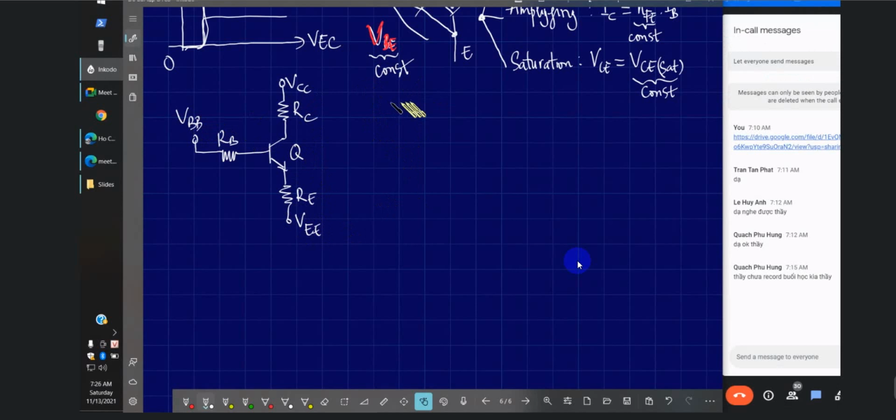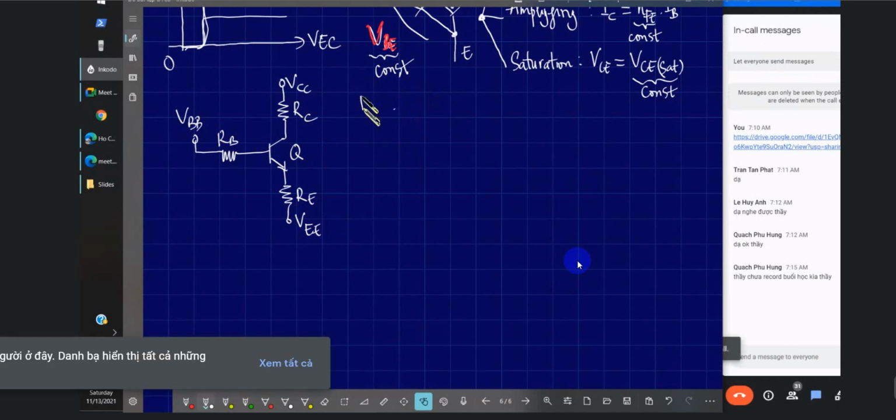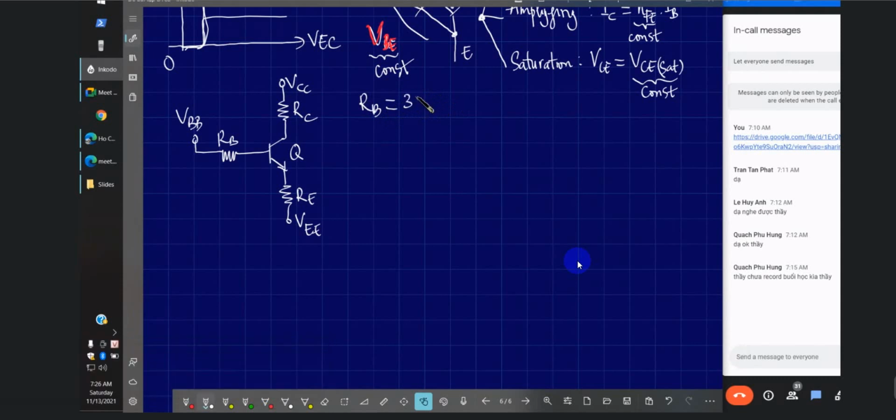And the data is like this: RB, I give it 33 kilo ohms. RC is 1 kilo ohm, and then RE, sorry, let's say 500 ohms.